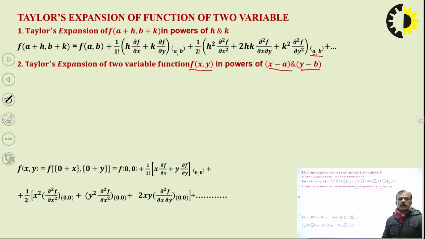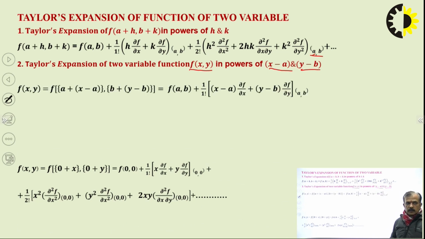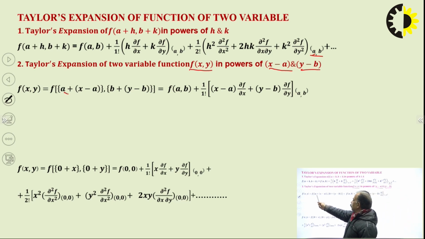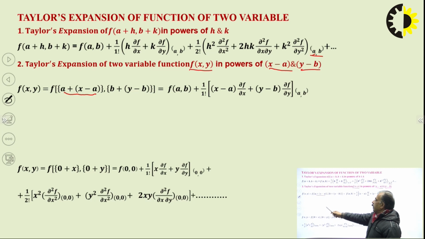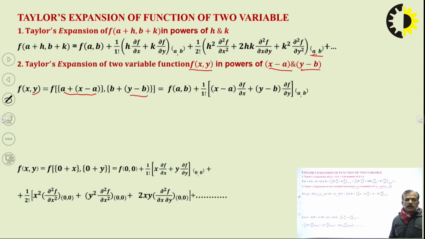These are not sums of two terms, but for finding the expansion, we arrange x and y as sums of two terms. So, we arrange x as a plus x minus a, because we expand this function in powers of x minus a, and we arrange y as b plus y minus b, because we expand this function in powers of y minus b.